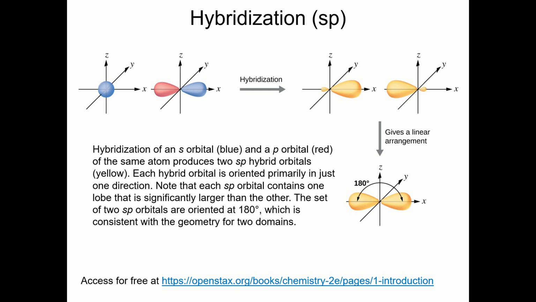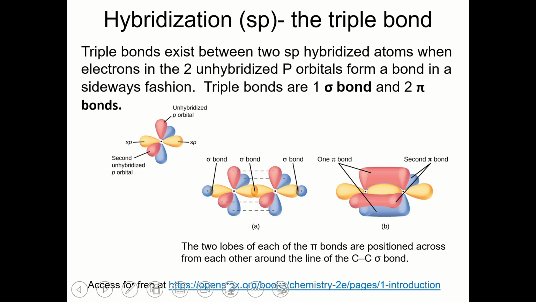And so when that occurs, again, here's your sp hybridization in a picture form, and that's going to give you 2 electron clouds, which would be your linear structure from VSEPR theory of Gen Chem 1. And when this happens, when you have 2 unhybridized p orbitals, then you can have a total of 2 pi bonds between those 2 unhybridized p orbitals. And then, of course, you can still have that one sigma bond.